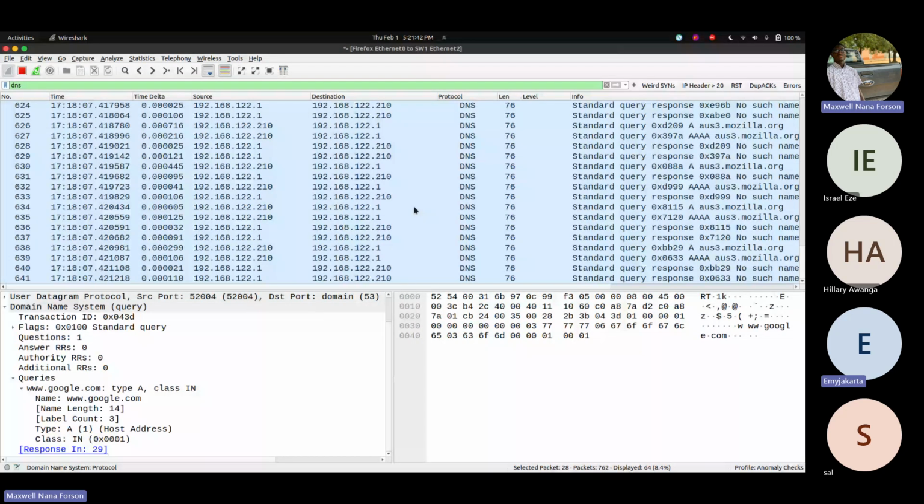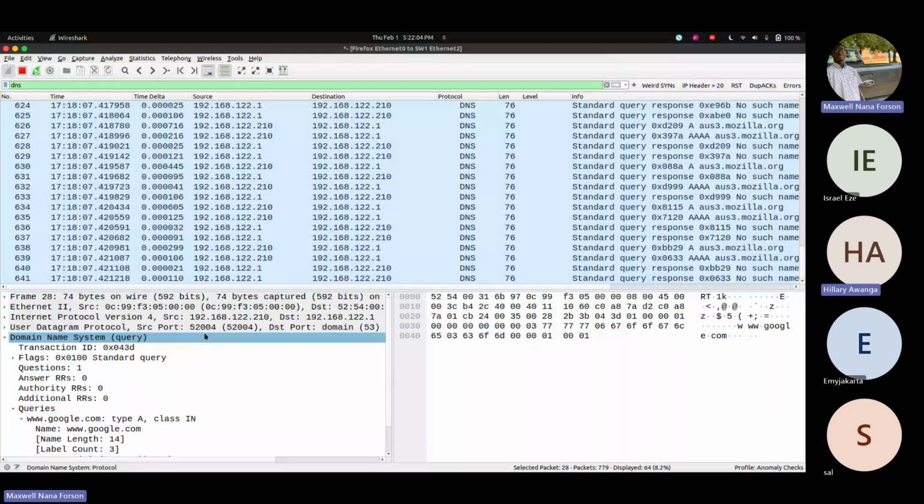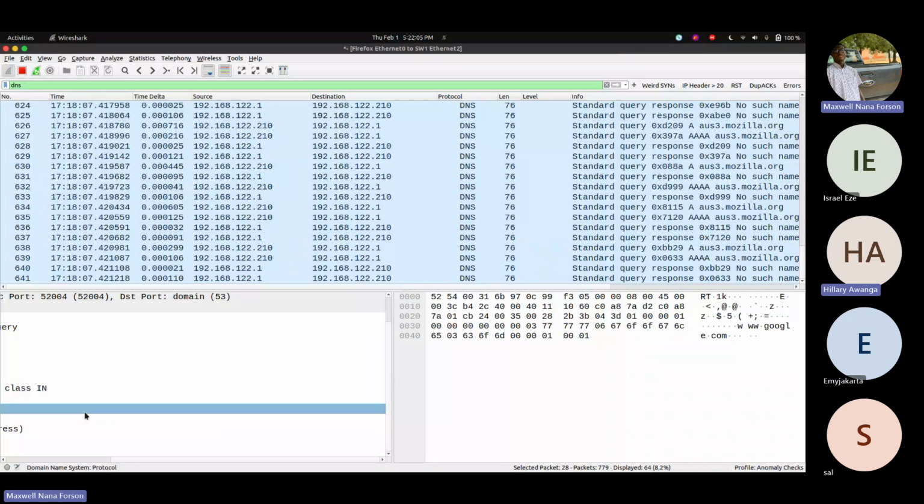So when you call my name, you're actually calling my number. But on the internet, what we work with are these numbers. Since it's harder to remember a number than a name, we have names attached to these numbers. So Google is actually at this IP address, the one that we saw.